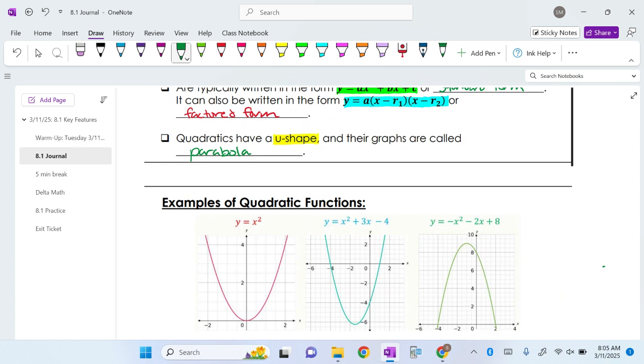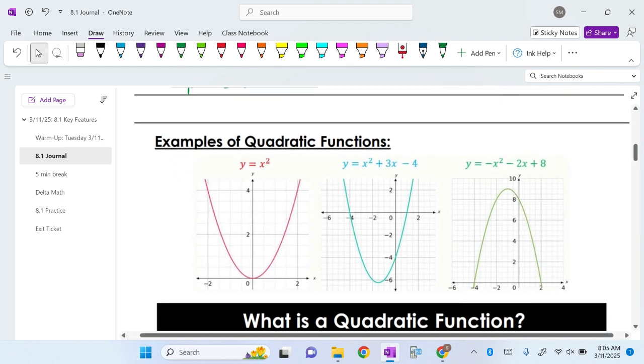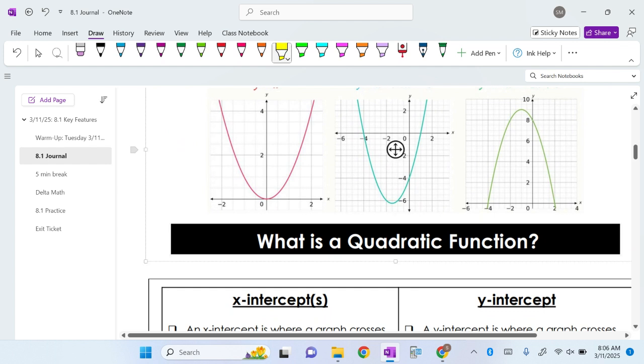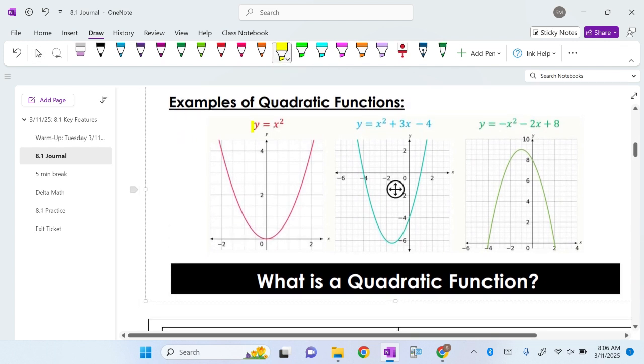This is still considered a quadratic graph. It's just upside down. And there's a reason for why it is, but we'll learn that later. Another thing to note is that this quadratic right here, the first one on the far left, is considered its parent form or its parent function.